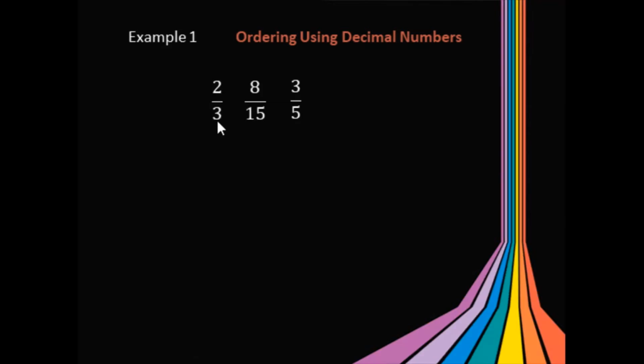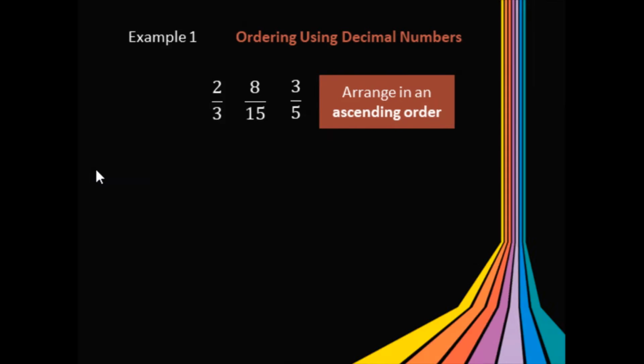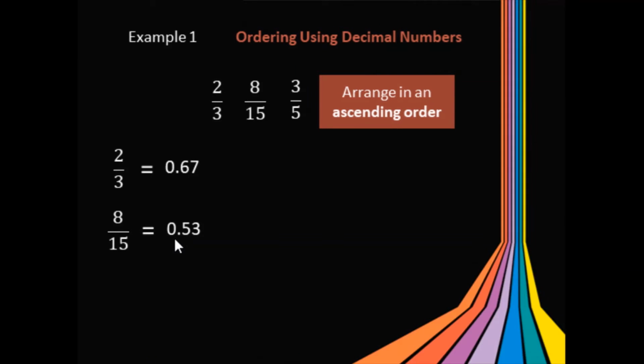What is 2/3 in decimal? Okay, very good. It's 0.67. How about 8/15? It is? Very good. 0.53. And how about 3/5? Good job. 0.6.